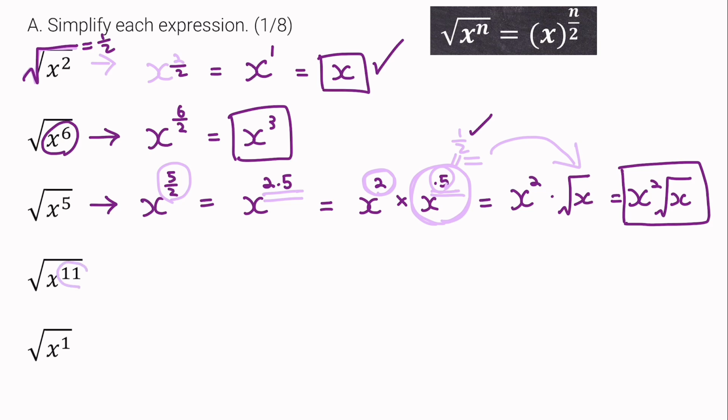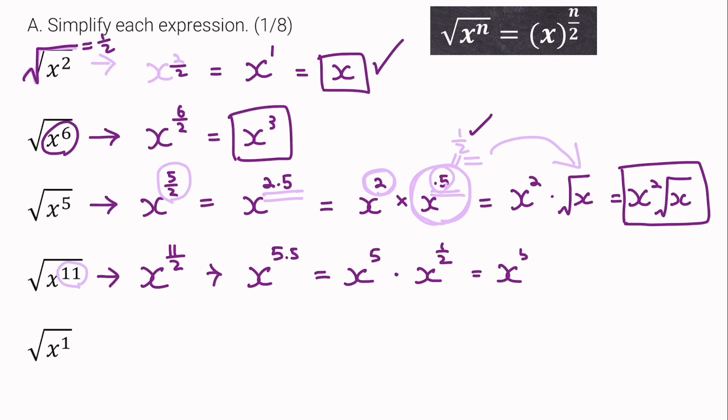Now we have another odd number power here, so let's check if we got this concept right. I'll have x raised to the power of 11 over 2, which will in turn give me x raised to the power of 5.5, which is equal to x raised to the power of 5 times x raised to the power of 1/2, and that is equal to what?